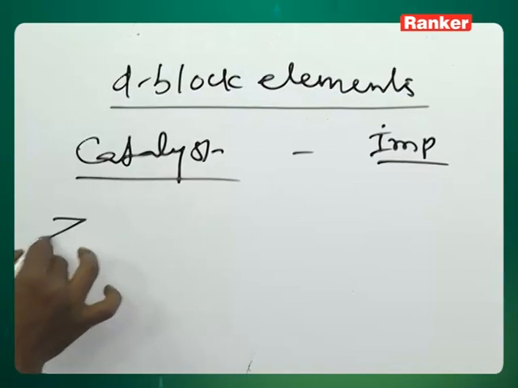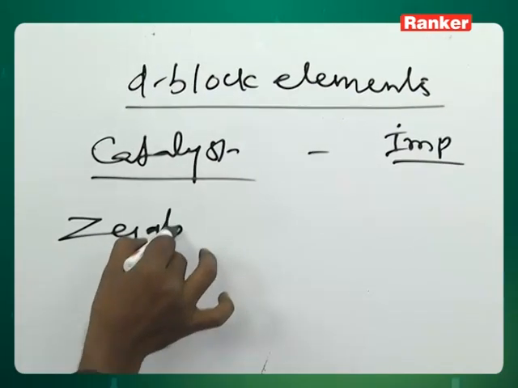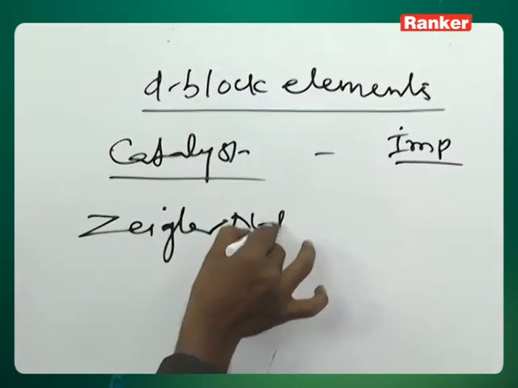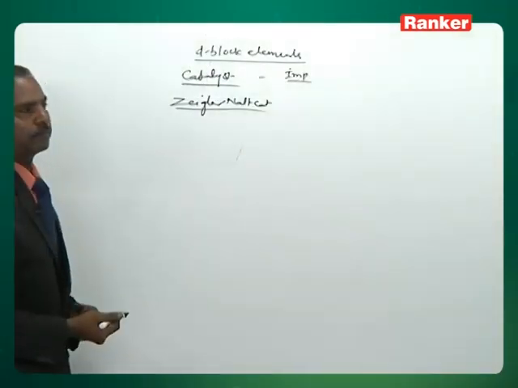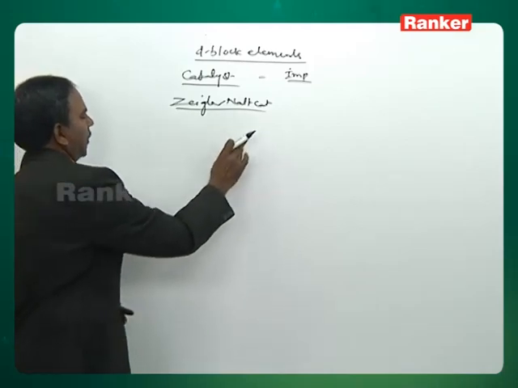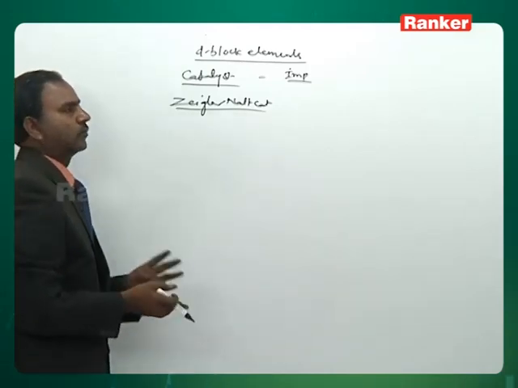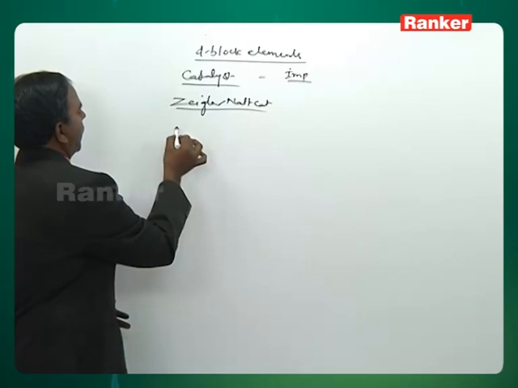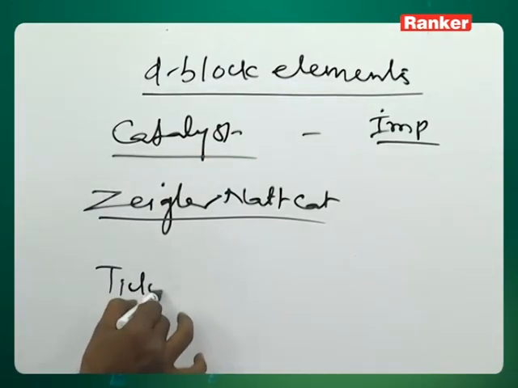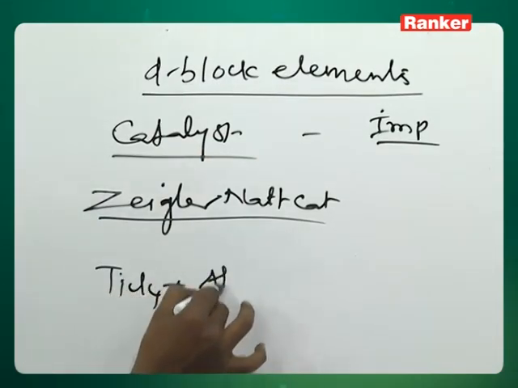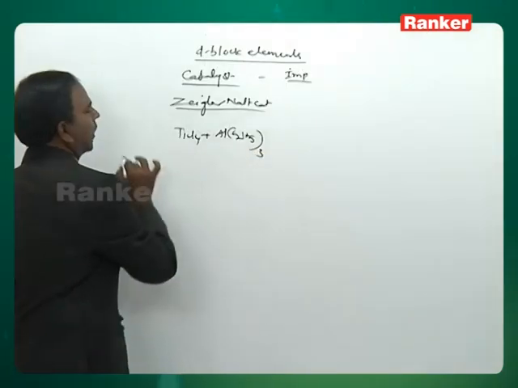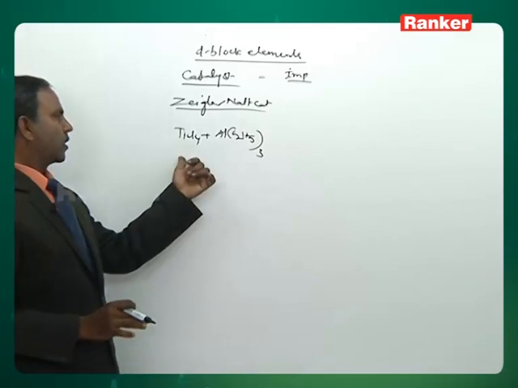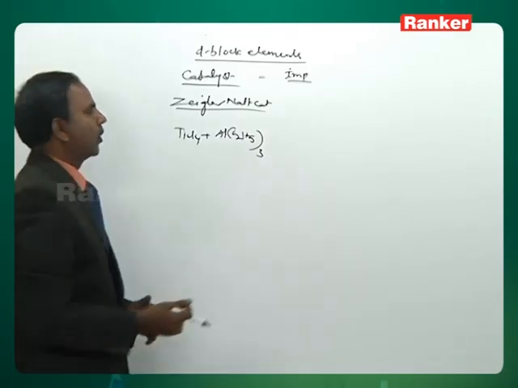Let me take the first one, Ziegler-Natta catalyst. It's very important. It is appearing in most of the entrance exams. It is a mixture of titanium tetrachloride and aluminum alkyls.